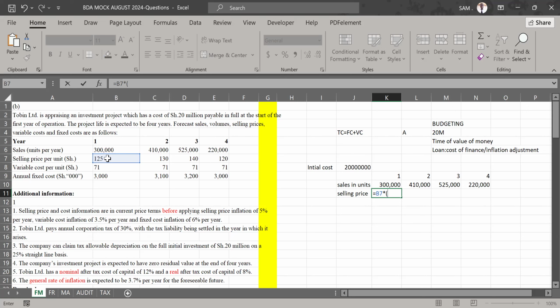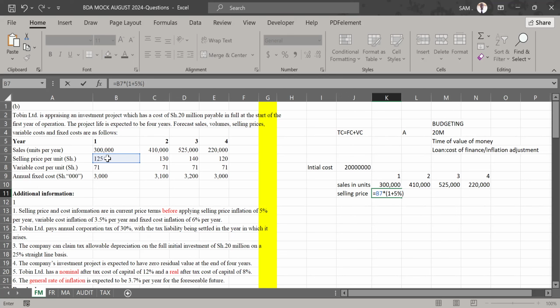So into bracket, 1 plus, what is the inflation rate? It is 5% for the selling price. That's the adjustment we do there. Because I've typed in my 5%, I'm not locking anything. And I've referred to that cell where we have selling price for year one. I also don't lock because I expect to drag to autofill for the 4 years.